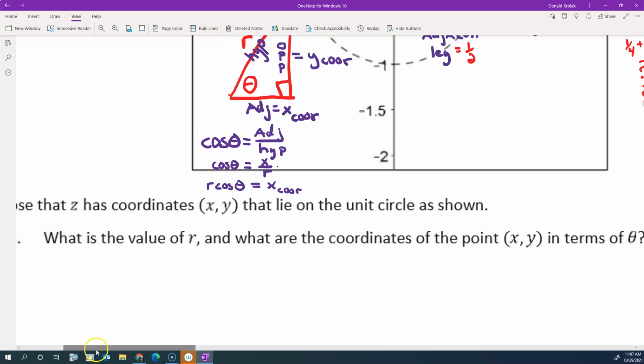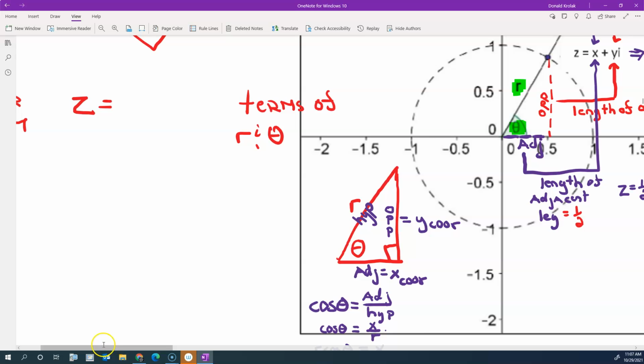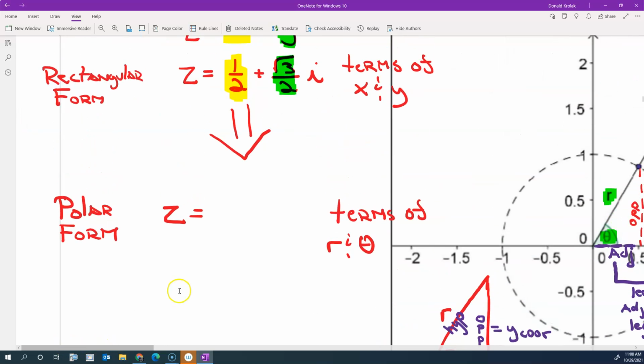Okay, now what that lets me do, guys, is I can come up here and take that 1/2, and it's going to be the same as R times the cosine of the angle. This is the X coordinate.